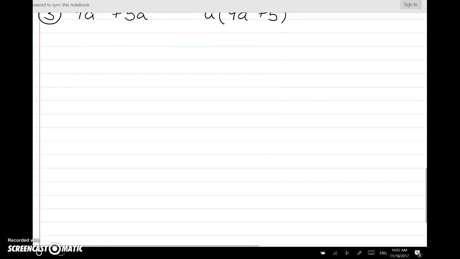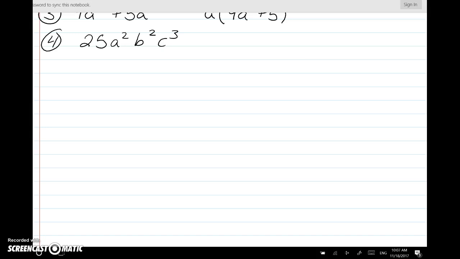And the last one, number 4, 25a squared b squared c to the third minus 15a b to the third c. Lot going on here. Again, when the box shows up, put your answer in.